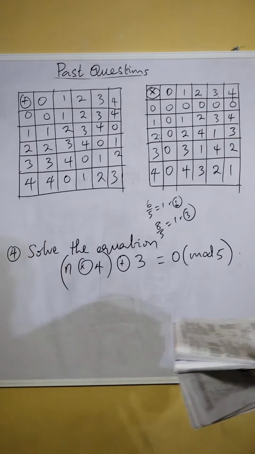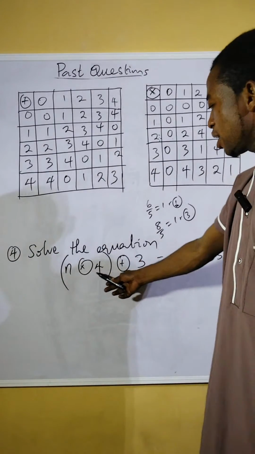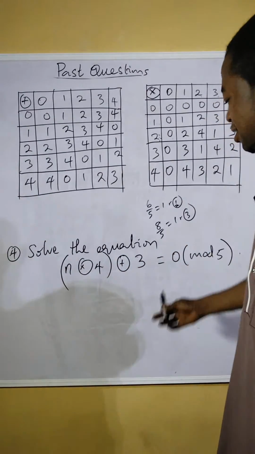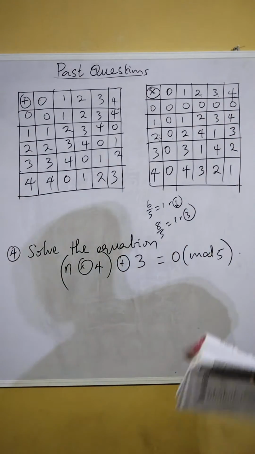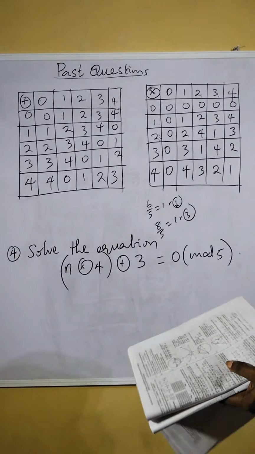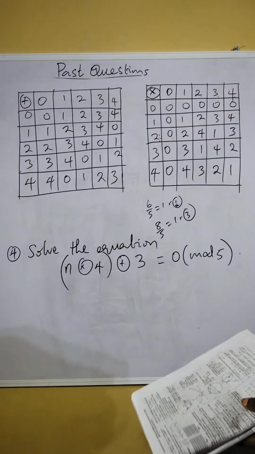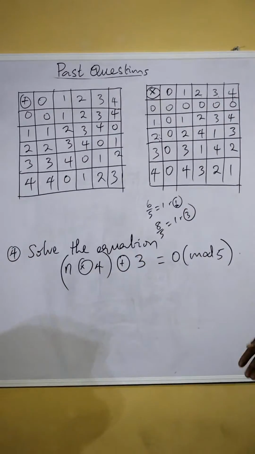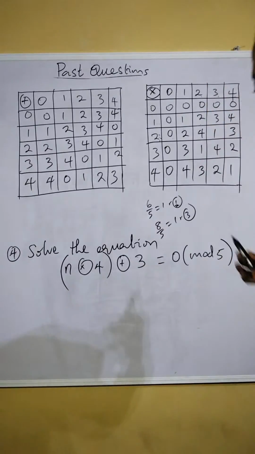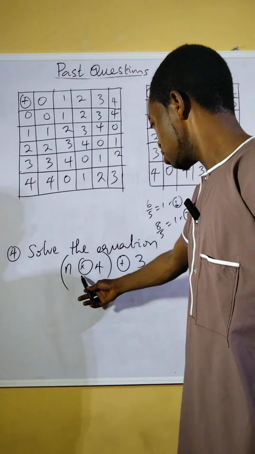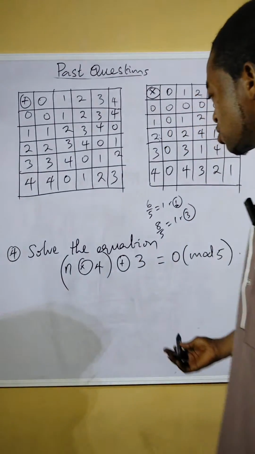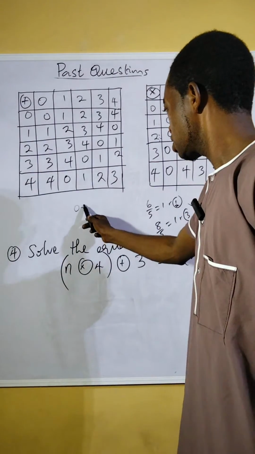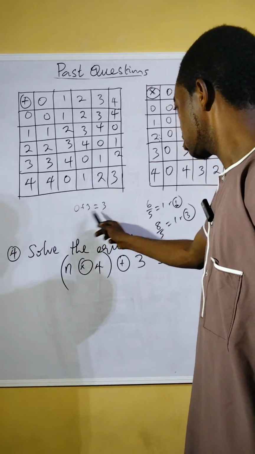So the number that when we multiply by 4 and we add 3 will give us 0. So what is that number here in mod 5? Now, we can look at the numbers 0, 1, 2. Now we put 0 here. 0 times 4 is 0. 0 plus 3 will be 3.